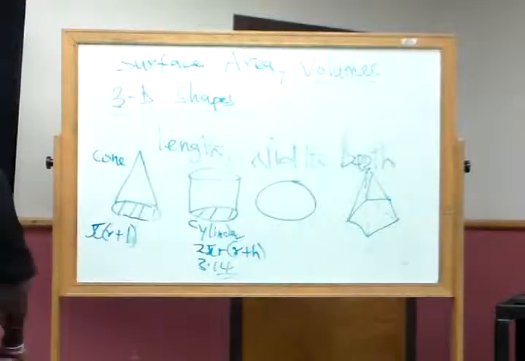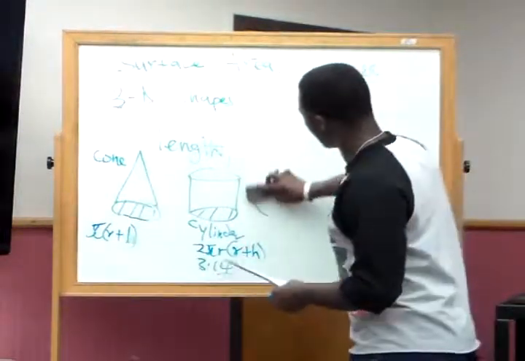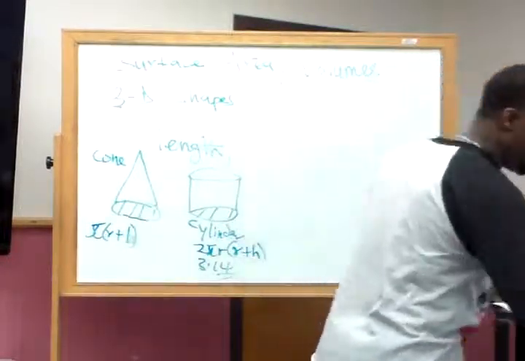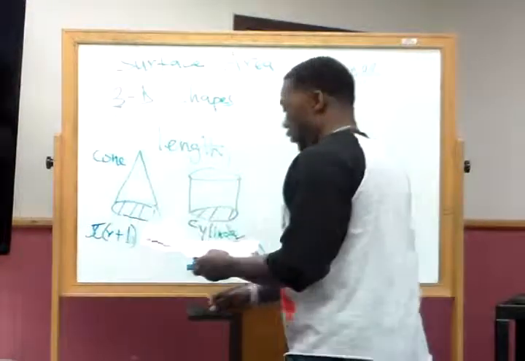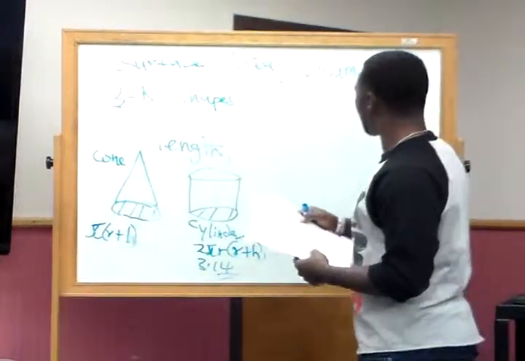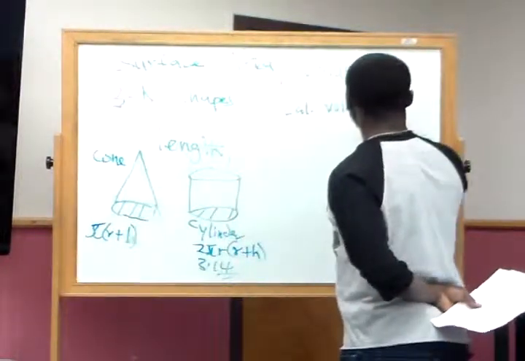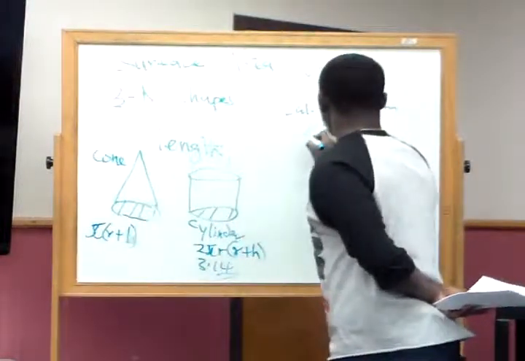All right, so problem number 1. It says calculate the volume of the cylinder shown. The shape of our cylinder is going to be this.